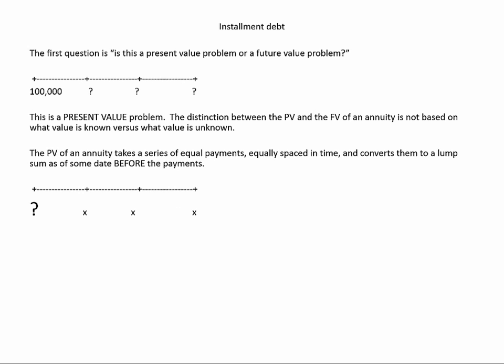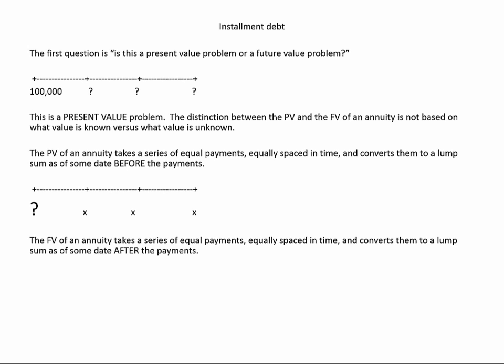So sort of generically, if you let the x's represent the small equal annual payments, and the big question mark represents the lump sum, it doesn't matter which one is known versus which one is unknown. It's simply a matter of taking the equal annual payments and converting them to a lump sum evaluated as of some date before the payments start occurring.